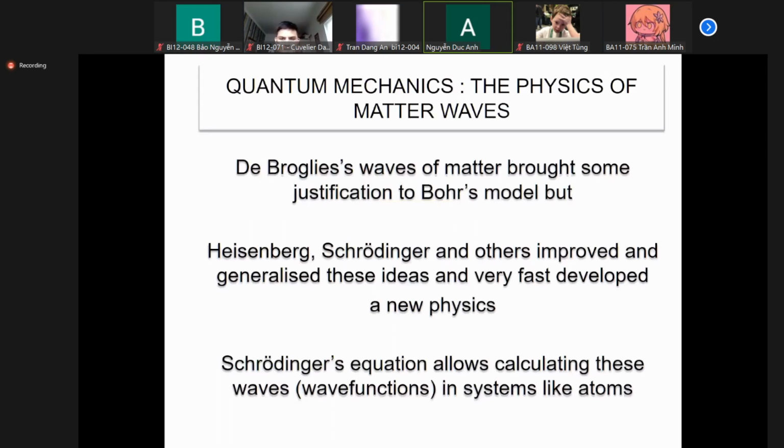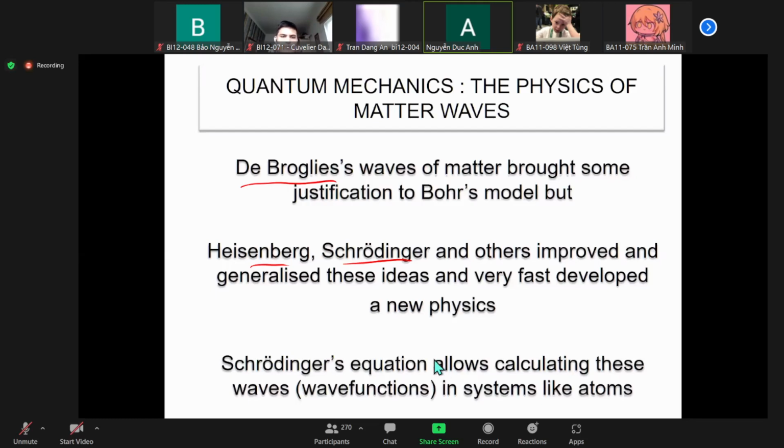So after de Broglie, the other scientists like Heisenberg or Schrödinger and some others, Dirac for example, developed the quantum mechanics, or the physics of matter waves.